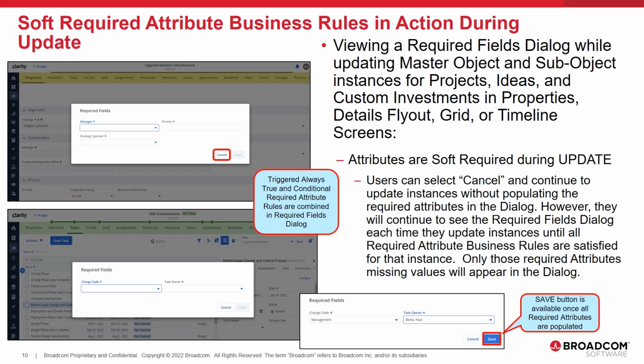And if the user fills out the charge code and the task owner and selects a value, you can see that the save button in the required fields modal actually turns blue, and they'll be able to save this data once all the required attributes are populated.